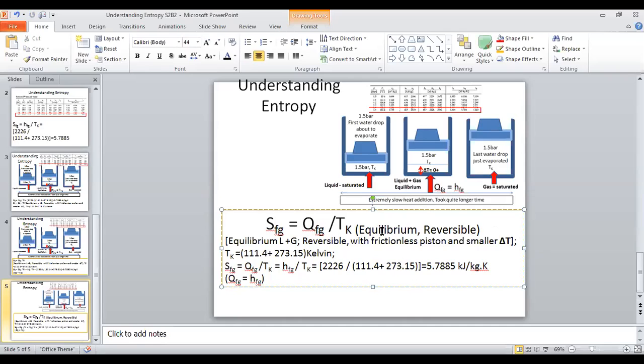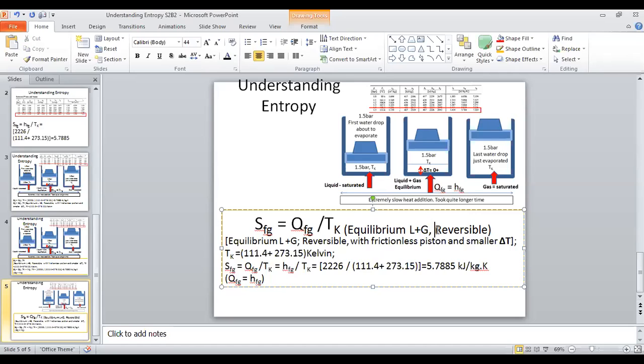Actually, this equilibrium is there because of reversible. Reversible word is here. Equilibrium, liquid plus gas all the while. Equilibrium, liquid plus gas, and reversible.